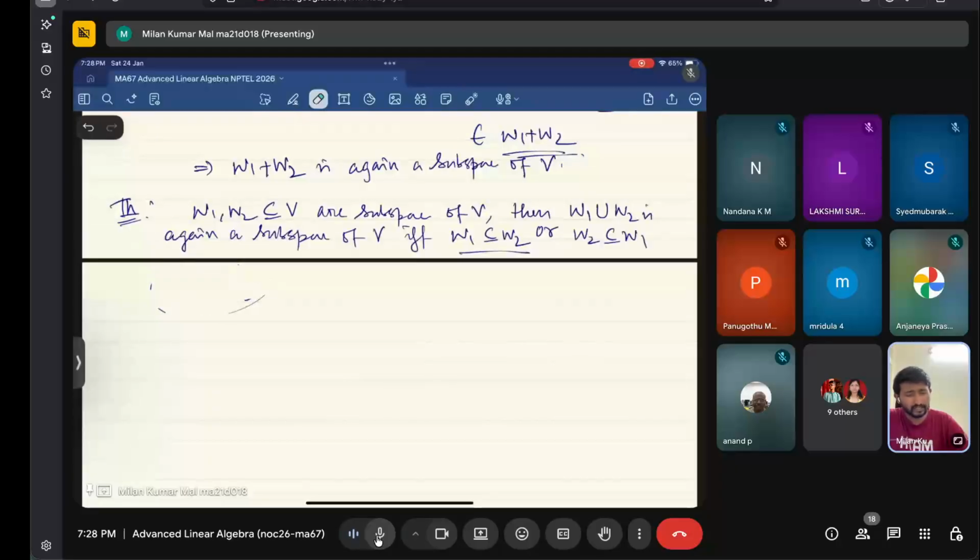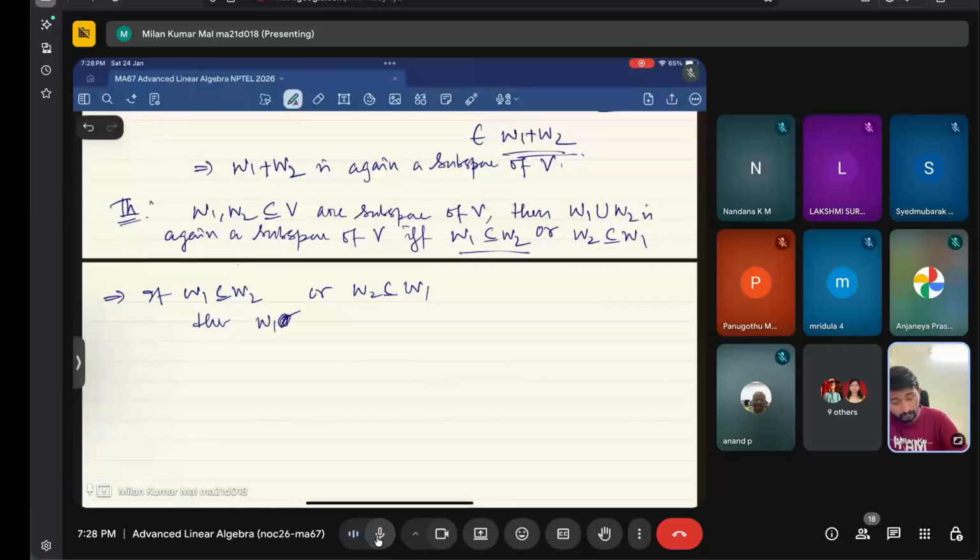So three cases are clear: addition, intersection, and subtraction. It is clear when each is a subspace or not. Now only the union remains. The union is a subspace if and only if this holds, so let's see how. If W1 is a subset of W2 or W2 is a subset of W1, then in one case W1 union W2 equals W2, and in the other case W1 union W2 equals W1.